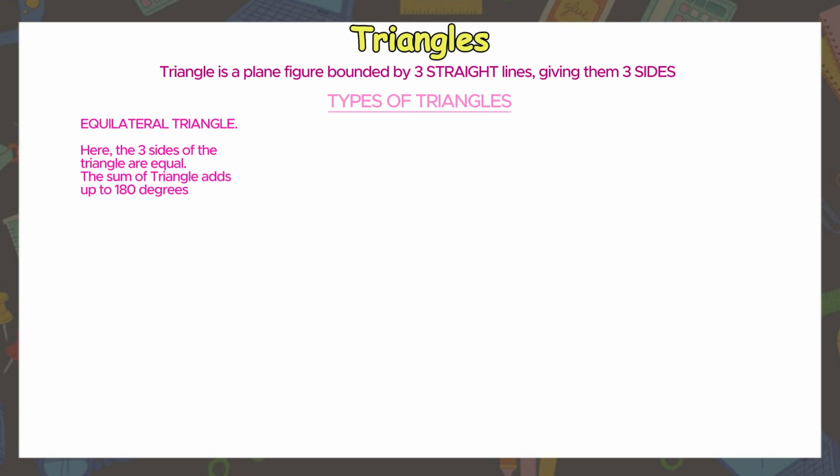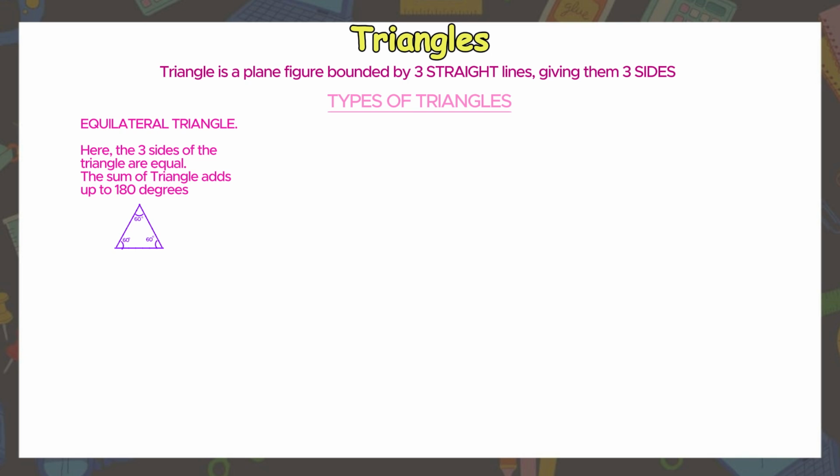The first one is the equilateral triangle. In an equilateral triangle, the three sides are equal.